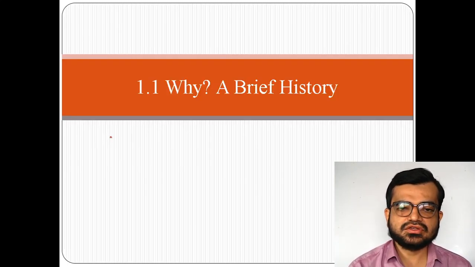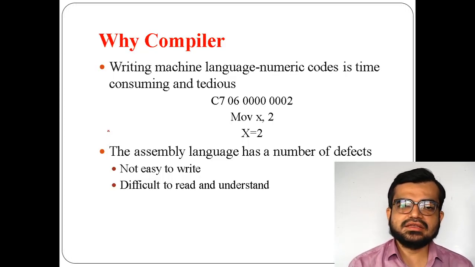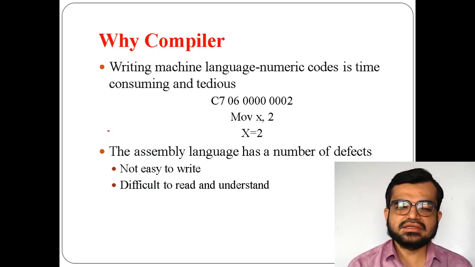Now going to the first topic, why we need compilers. If you don't have a compiler, previously when there was no compiler, you had to write code in machine language. The problem in that process is that it is time consuming and very tedious.